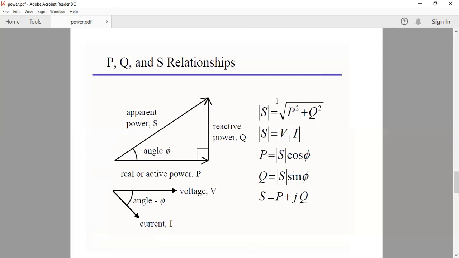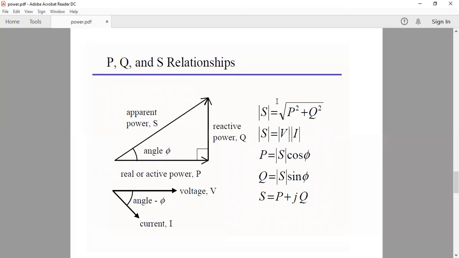As well, the apparent power magnitude is given by the multiplication of voltage and current. Active power is S into cos φ. Reactive power is S into sin φ. And S is P plus jQ.